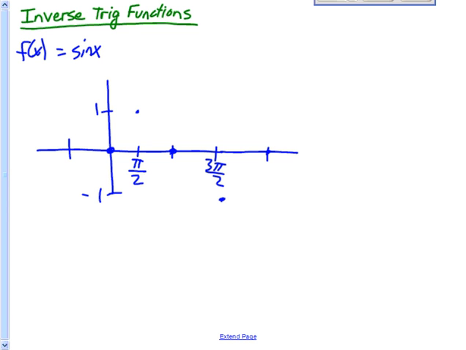Sine of negative pi halves is negative 1, sine of negative pi is 0. And anyway, so we draw the old, beloved sine curve.